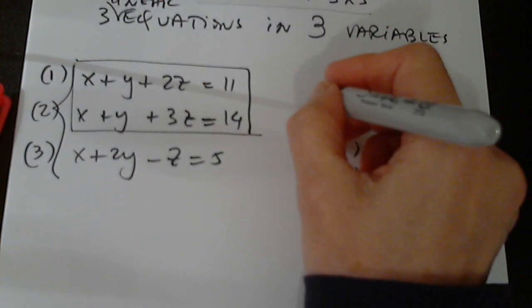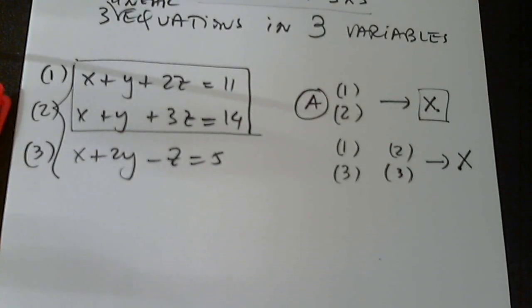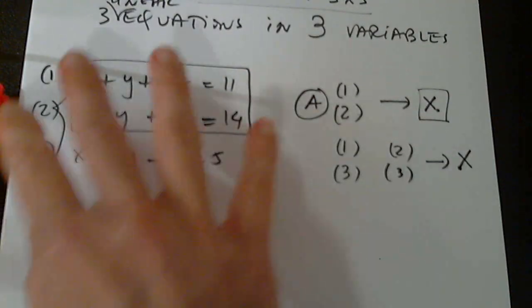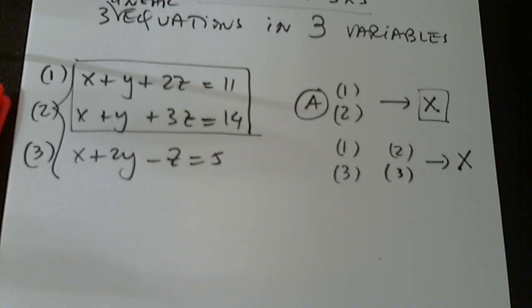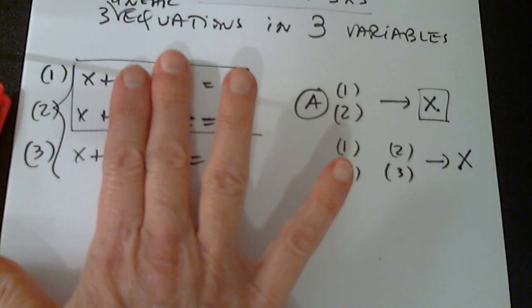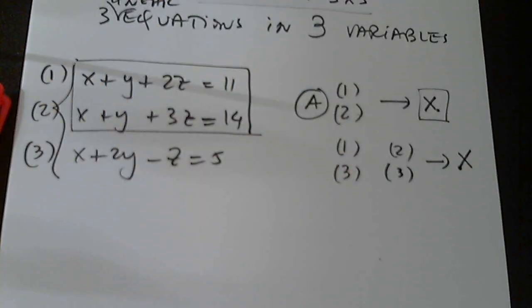So that's my plan. So part A, I chose equations 1 and 2. I labeled them so we know exactly what we're talking about. I chose equations 1 and 2, and I want to eliminate x. How will I do it? Exactly the same idea, just disregard the fact that we have two more variables in there. It's the same idea as before.